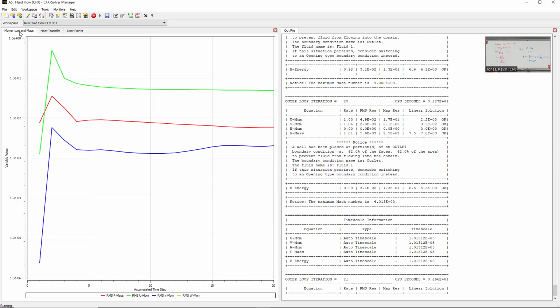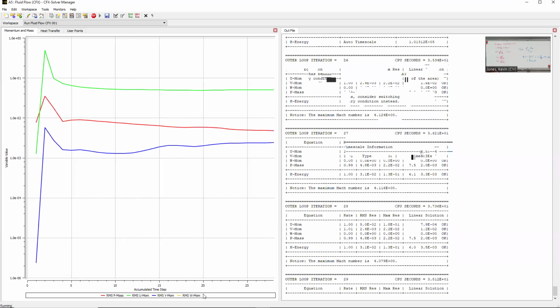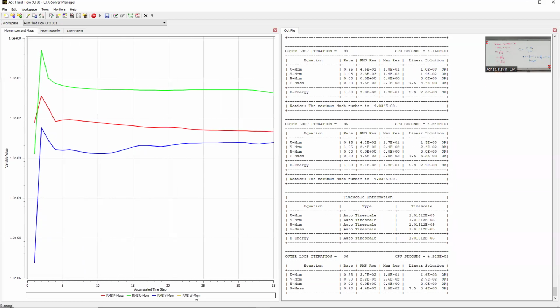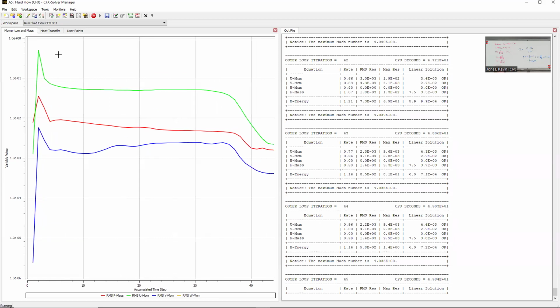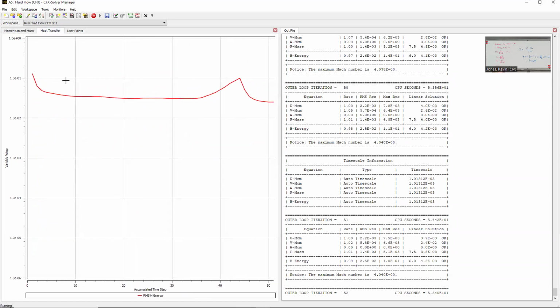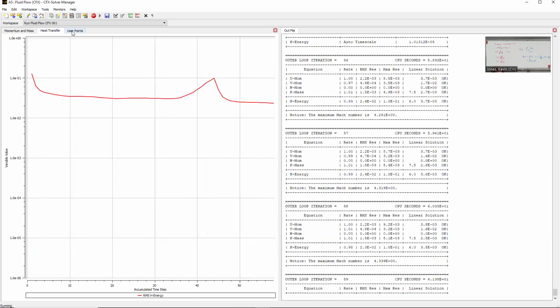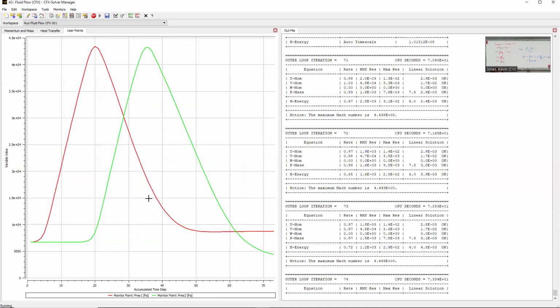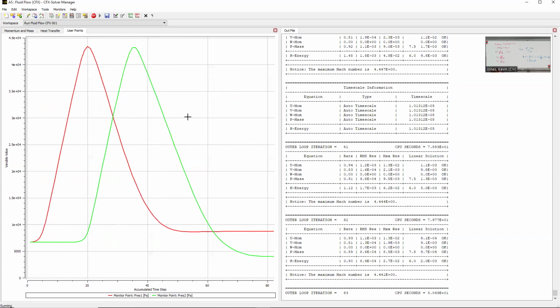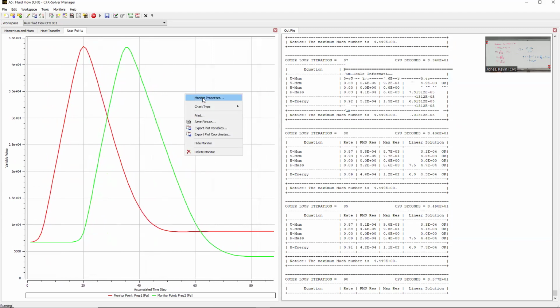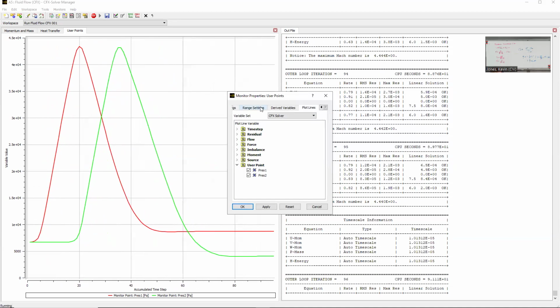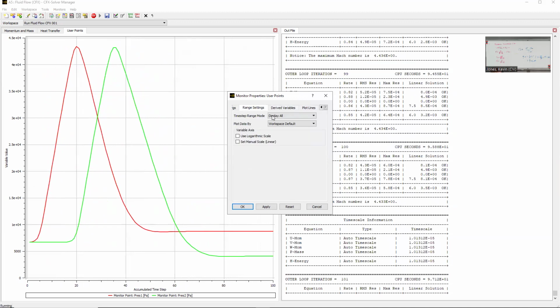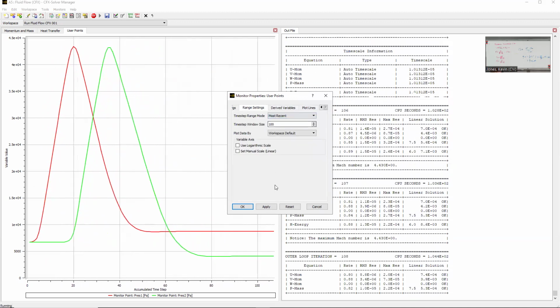All right, so now we have our mass and momentum. Note W momentum is not showing up because we have a sweep method. Heat transfer for the energy equation. And then here are our pressures. We get some crazy spikes at the beginning, which kind of settle out. And maybe change this to most recent.